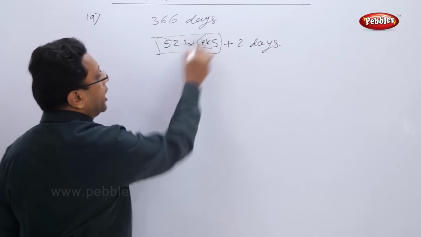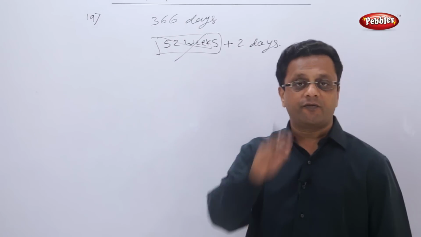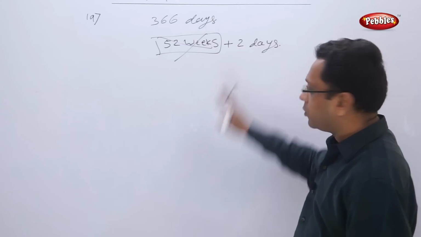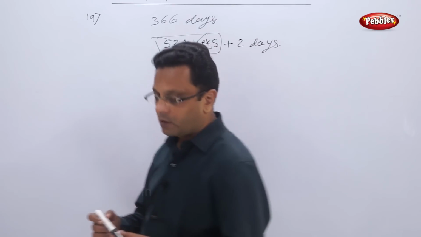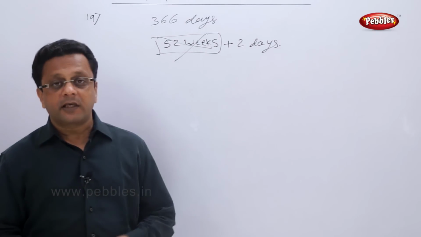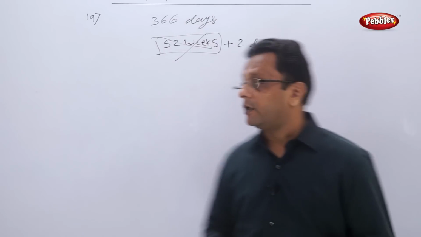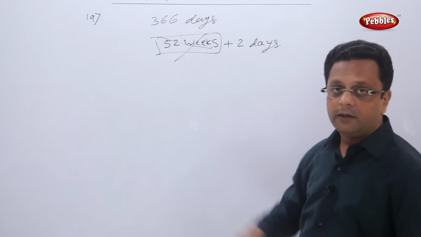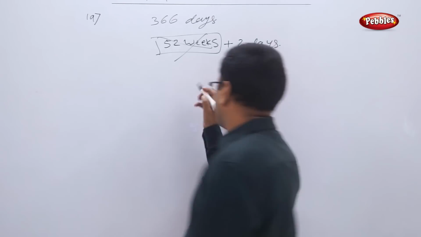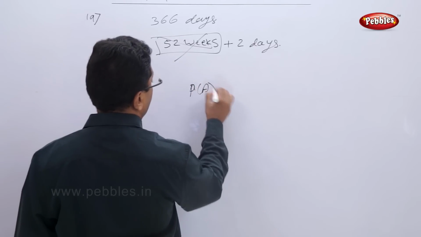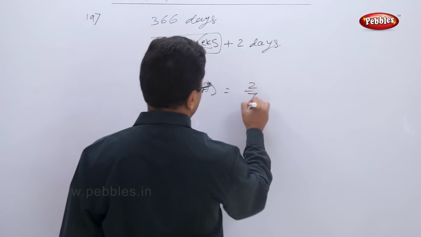Now you don't have to worry about the 52 weeks, because 52 Sundays will be there. You have to only worry about 2 days. Similarly, in this case, your NS will be 7 and now your NA is 2. So your probability of A will now be 2 upon 7.